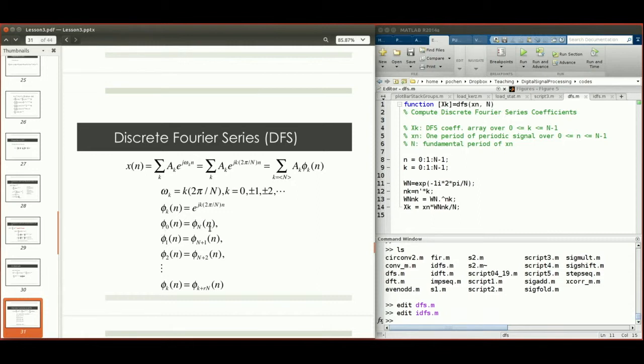And if we look at phi 1n, so k equals 1, then it becomes e to the j times 1 multiplied by 2 pi divided by big N times n, right? And then what exactly is phi big N plus 1? If you bring k equals big N plus 1 into this expression, what you will find is that big N is going to cancel out, right?